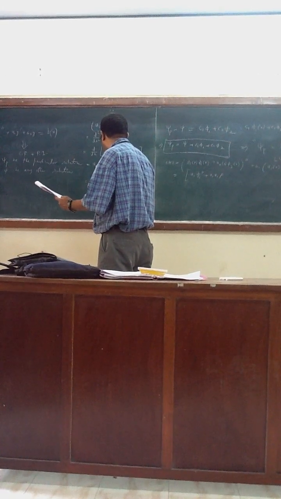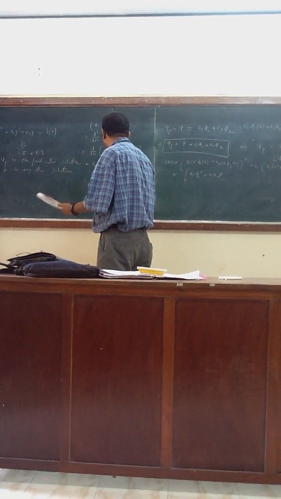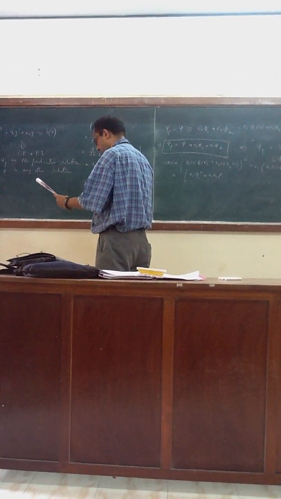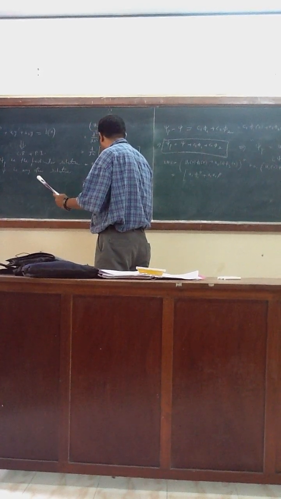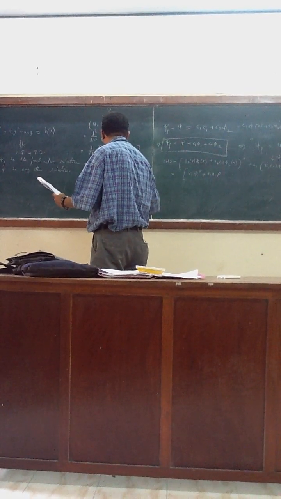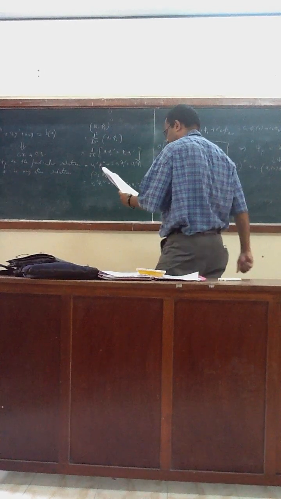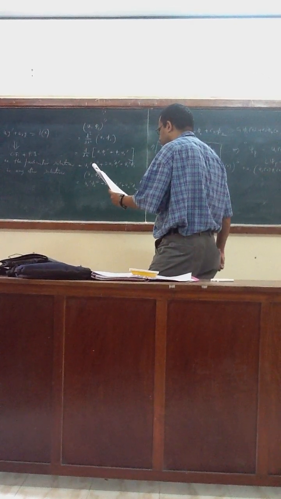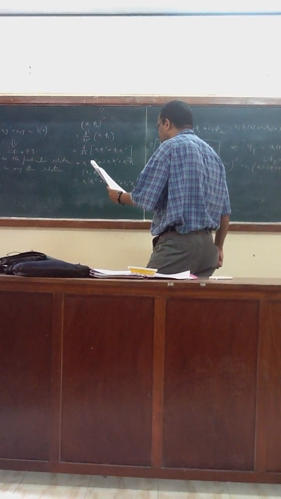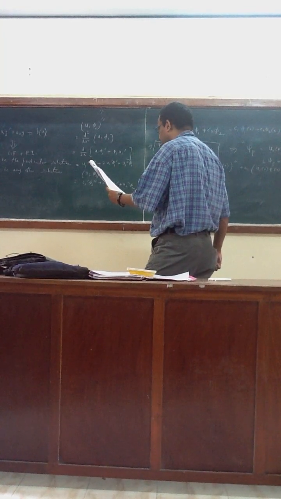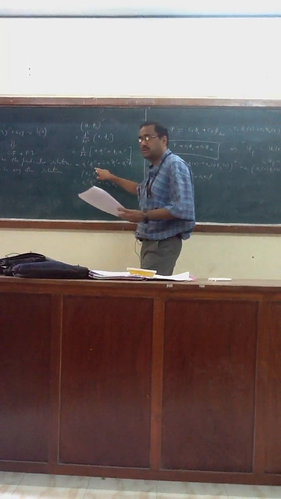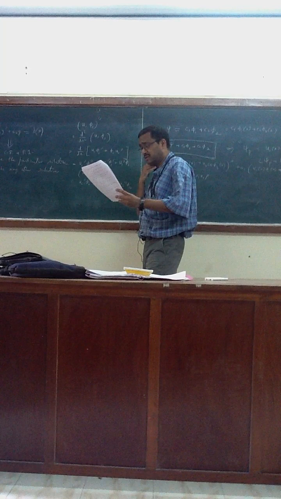u2 phi 2 double prime. u2 prime phi 1. This one? First sub. u1 prime phi 1 double prime. Yeah, this is wrong, you are saying?